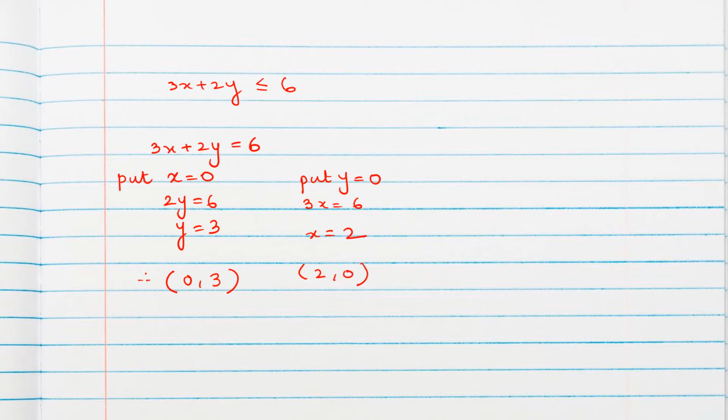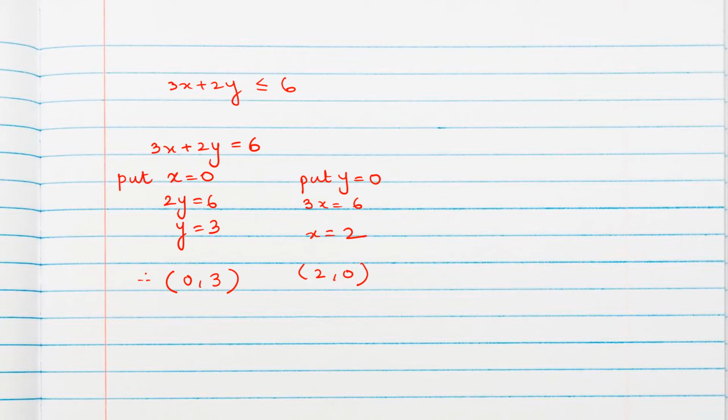So put x equal to 0. We will get 2y equal to 6, that is y equal to 3. Therefore the point will be (0, 3). Then we put y as 0 in the same equation. So we will get 3x equal to 6, that is x equal to 2. So the point will be (2, 0). Now these 2 points we will join to get the line.